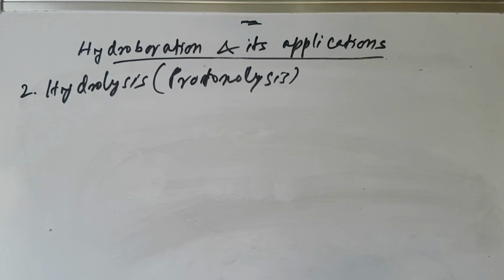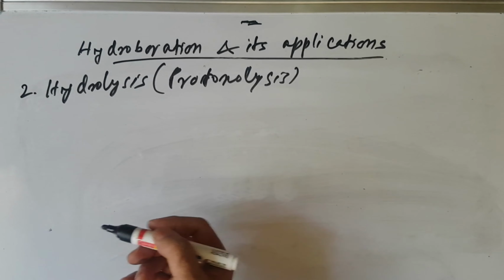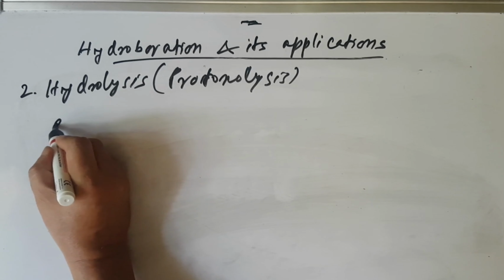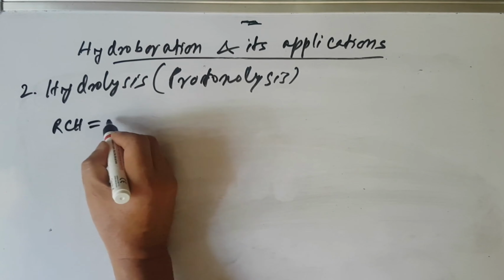Here also it is the same case: alkyl boranes obtained from hydroboration of alkenes can undergo hydrolysis, catalyzed by acid, mostly acetic acid or benzoic acid. Let me write down this common reaction here.